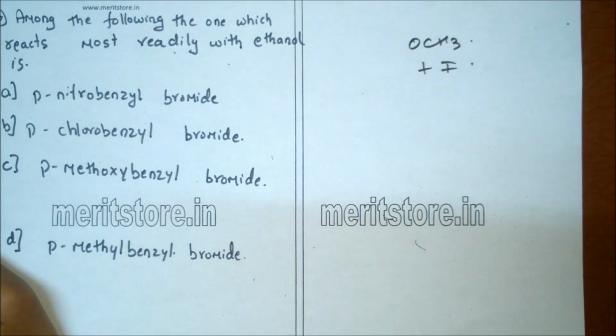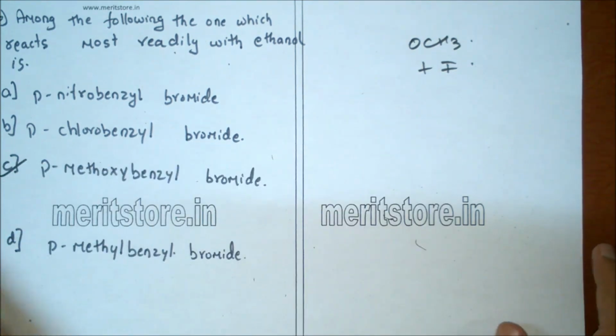Para-nitro and chlorobenzyl bromide have electron deficient groups, which decrease the polarity of the C-X bond. Hence, it becomes difficult to react with ethanol due to less polarity. Methyl group is less electron rich than methoxy group. So option C is the correct answer.